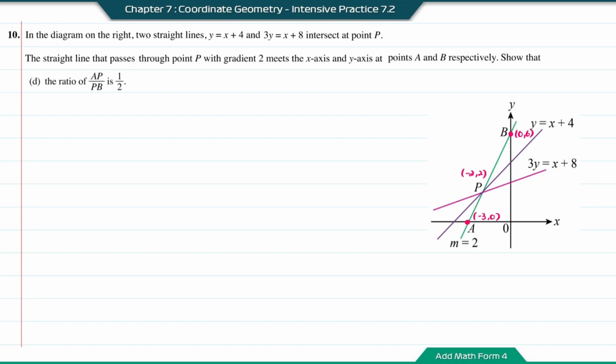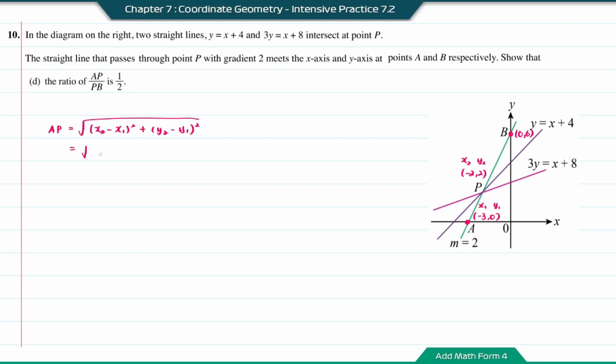Question D. Show that the ratio of AP to PB is 1 to 2. So here you can show this using the lengths of AP and PB, or you can use the formula of the division of line segments. Here I'm just going to use the lengths of AP and PB.